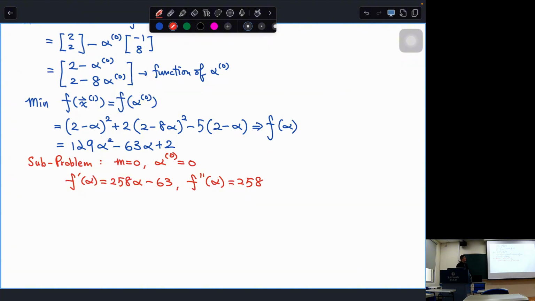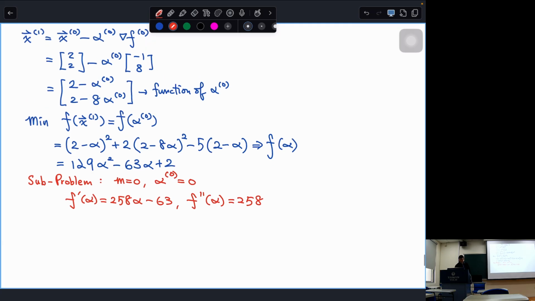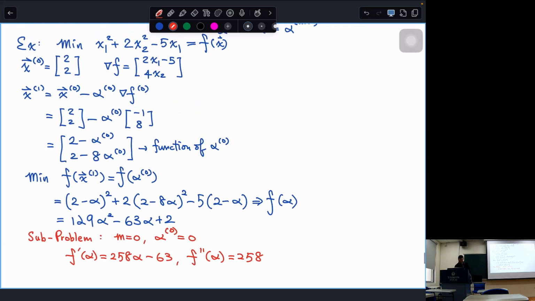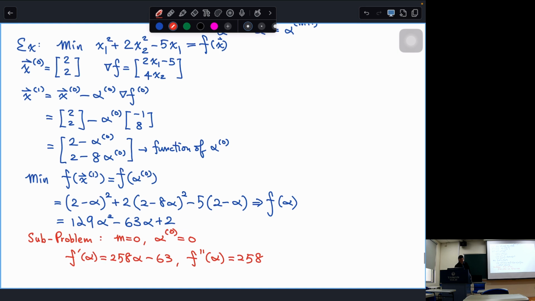Professor, yeah, in the first line, I think you made a mistake. I think it should be 2 plus alpha 0. No, 2 minus alpha. Oh yeah. Thank you. My mistake. So it's a plus. Okay. Thank you.